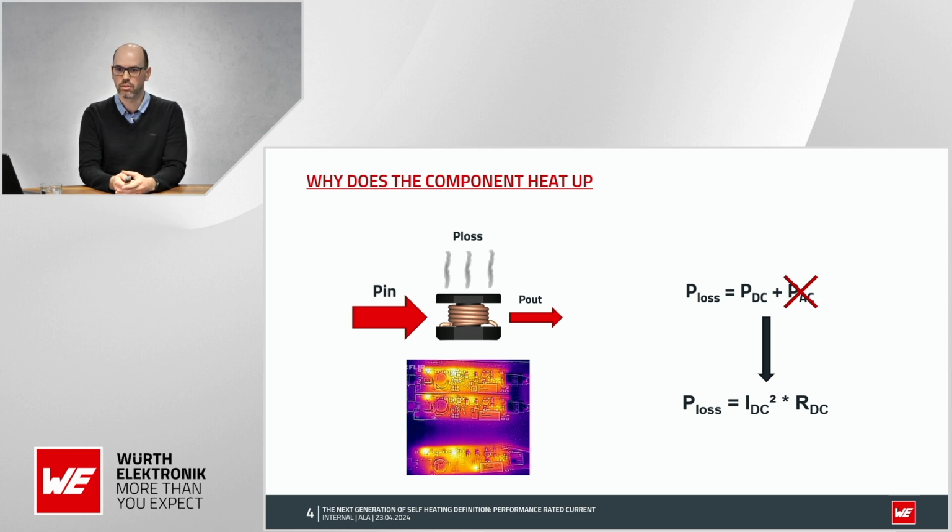Maybe you remember from your studying times that it's just the I squared R formula. So depending on the current which you move through the component, and depending on your R_DC, the power losses are rising. So what we expect as a self-heating curve from the component is a quadratic function.